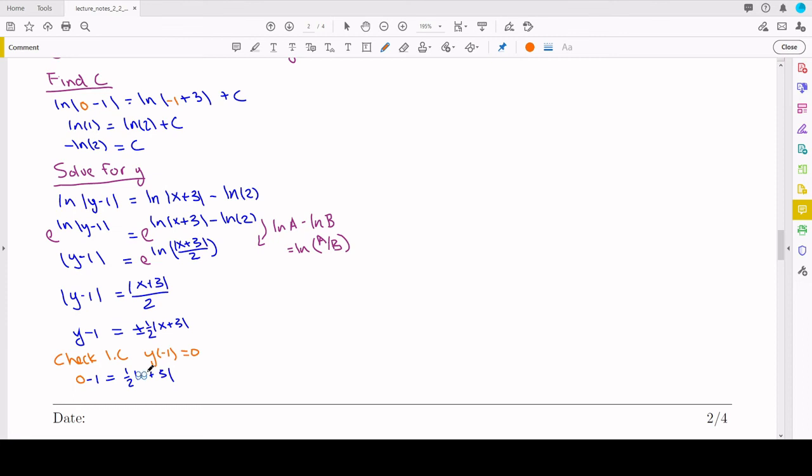We have negative 1 plus 3, we get 2, times 1/2 is 1, and then we have negative 1. So that one doesn't work out. That is wrong.